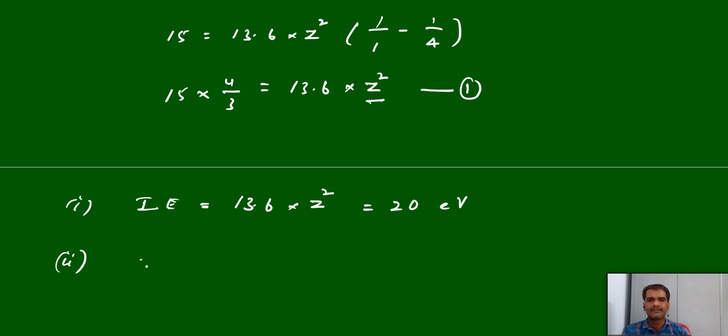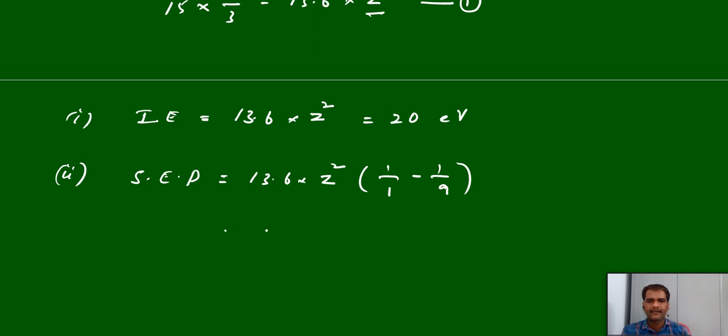Second one, second excitation potential. What is the formula for second excitation potential? Again 13.6 into Z square. In case of second excitation potential, N1 equal to 1 as usual, but N2 equal to 3, so 1 by 3 square, that is 1 by 9. That gives 13.6 into Z square into 1 minus 1 by 9, which is 8 by 9.